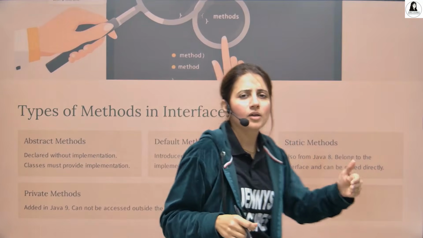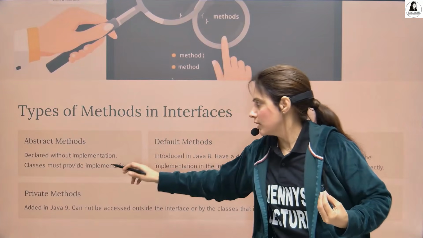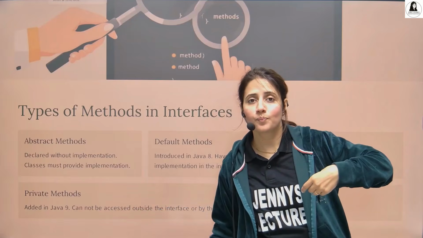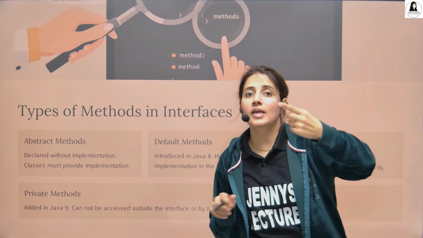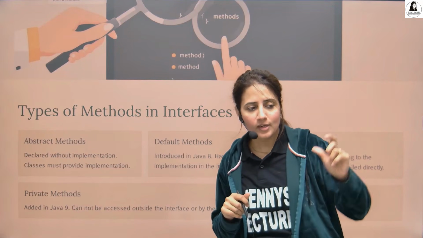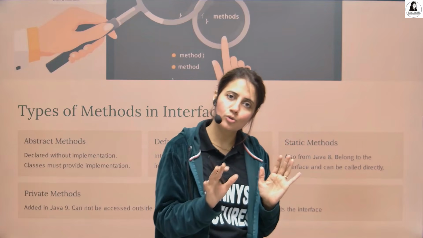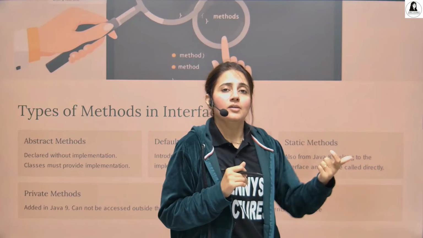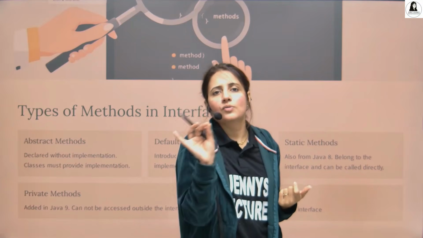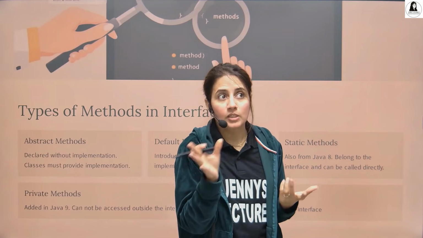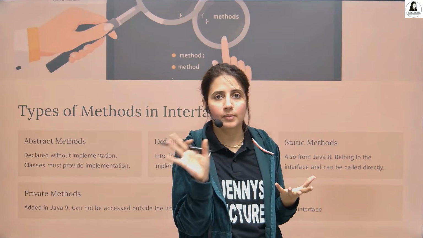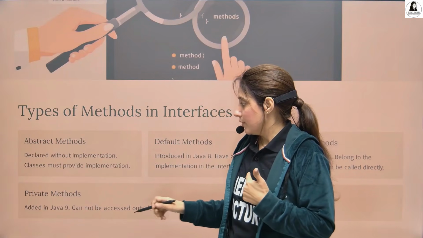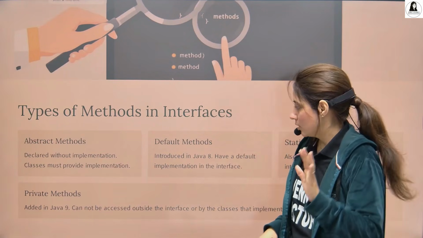I have told you what types of methods are allowed: abstract methods, default methods, static methods, as well as private methods. This was added in Java 9. From Java 9 they added one more thing: you can also have private methods in interfaces. Before Java 9, only public methods were allowed, whether default or static. But in Java 9 private methods are also allowed.